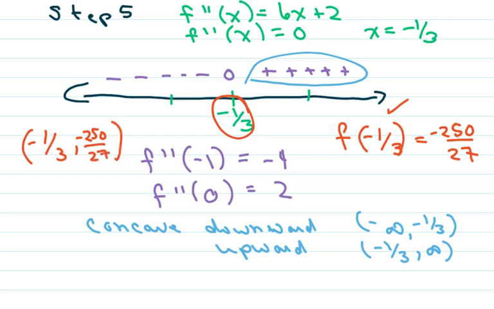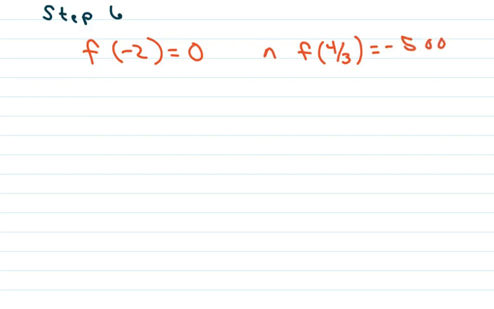Okay? Now step 6 is the min and max. So at f of negative 2, we have a 0. And at f of 4/3, we have negative 500 over 27.